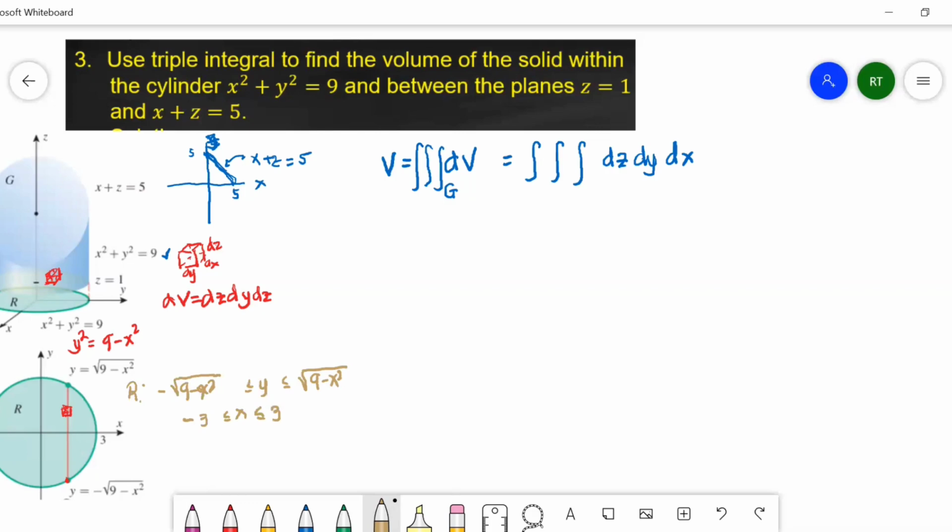If we consider the region G, we have to include the interval of z.